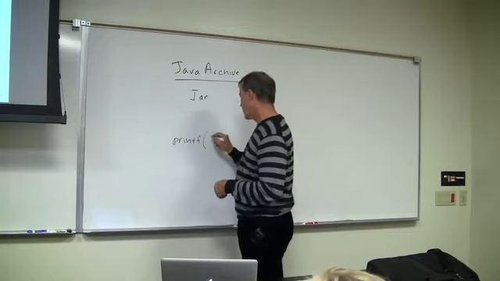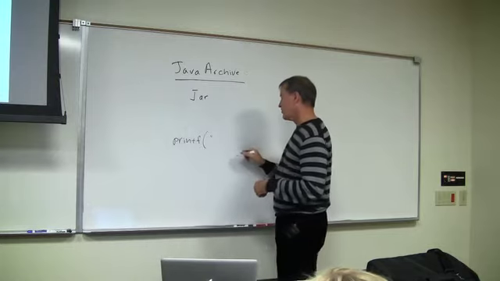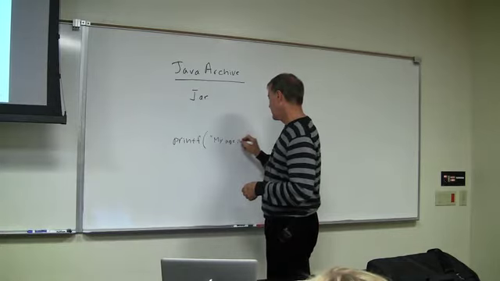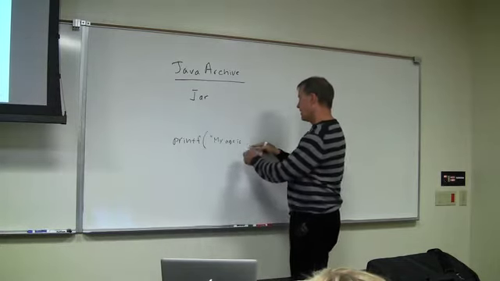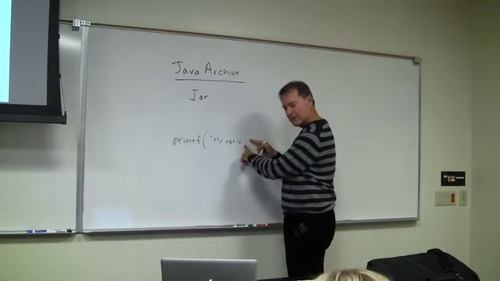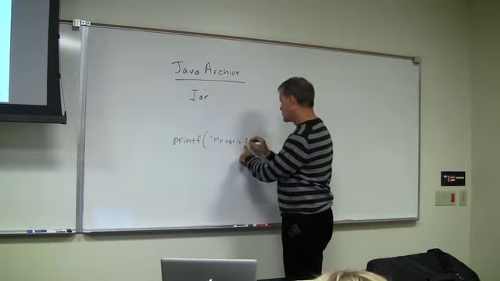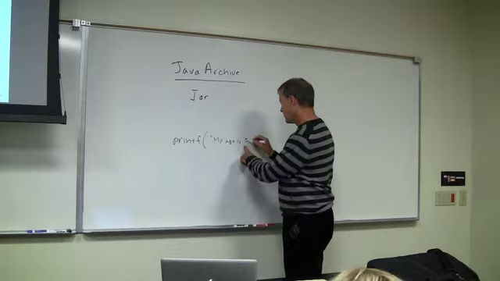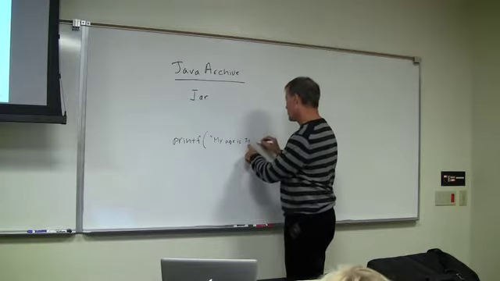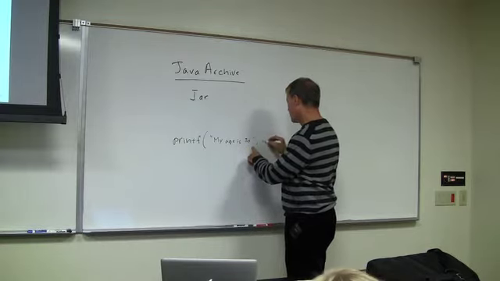When you use printf, you have a string, like "my age is", and then you put a format specifier. I don't remember for sure, I think it's %d. And then a comma, and then you put the variable, you know, age.